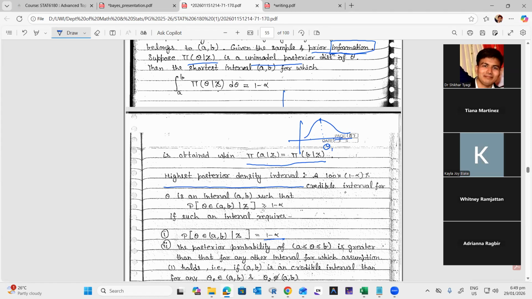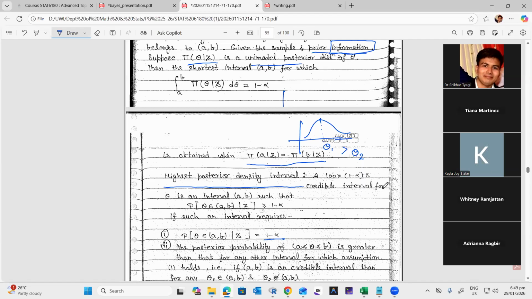No other value of theta will occur at this point. For any other value of theta, say theta 2, the posterior density will be less compared to theta 1.